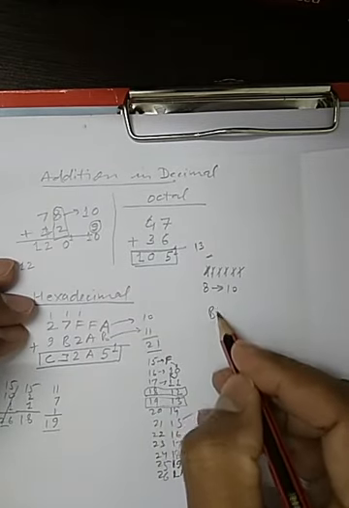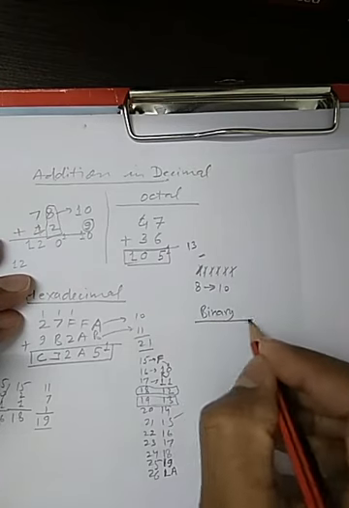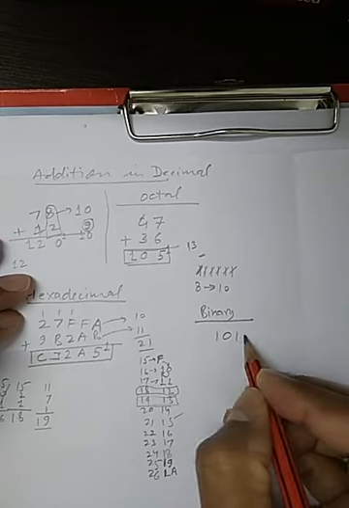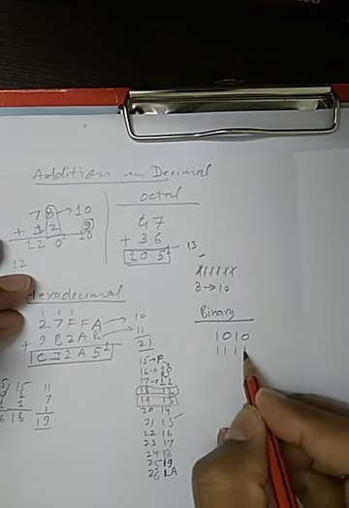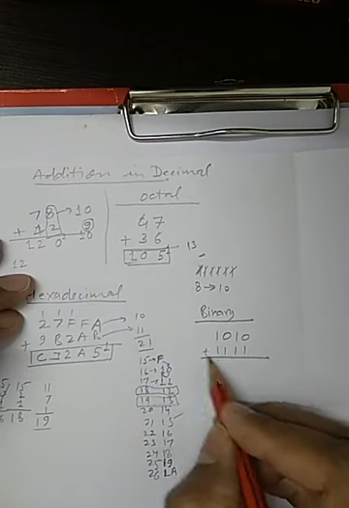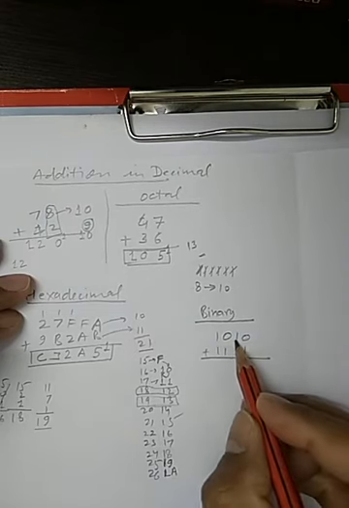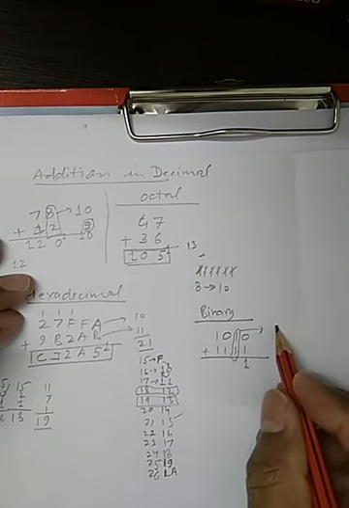Now let us come to binary, which is most important. Let us take one binary number over here, and I am going to add these two numbers. 0 plus 1 is 1. 1 plus 1 is 2.